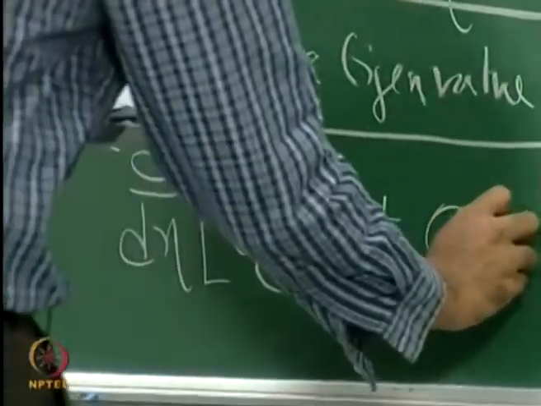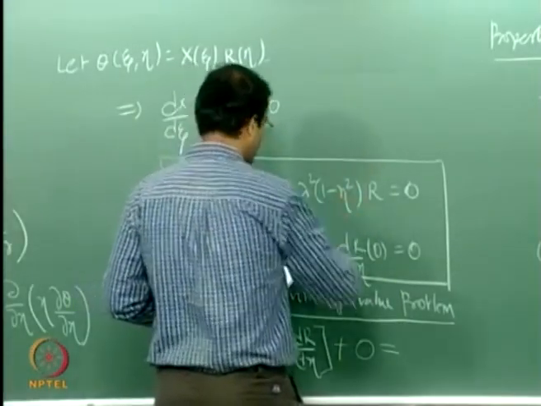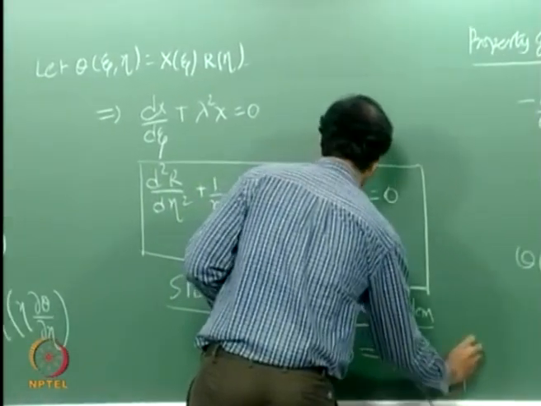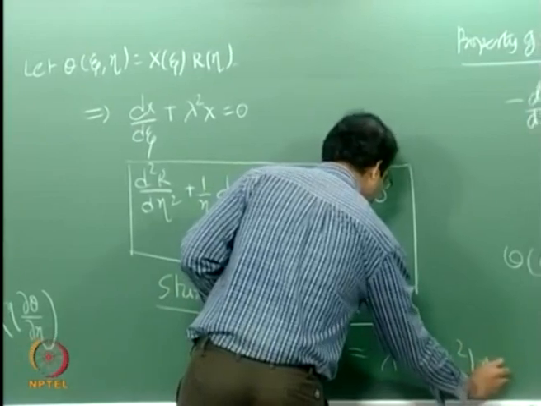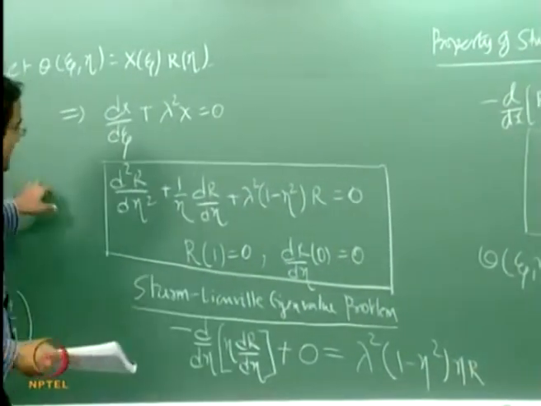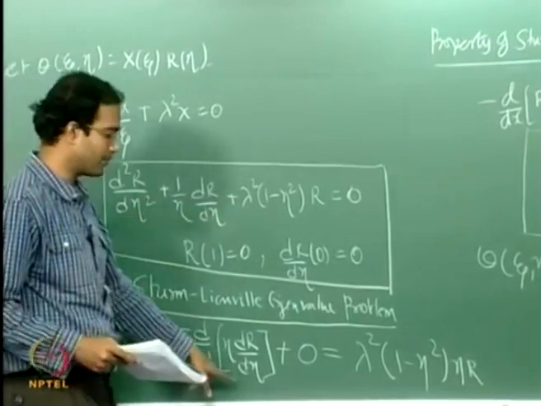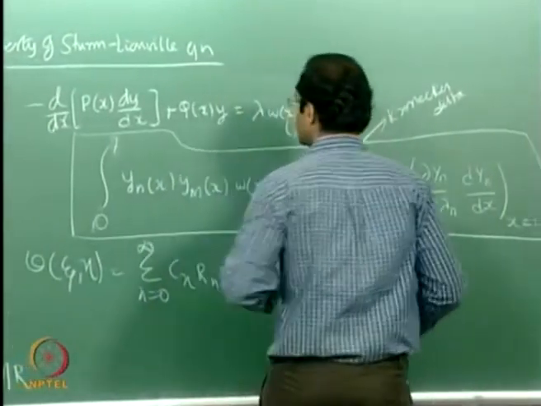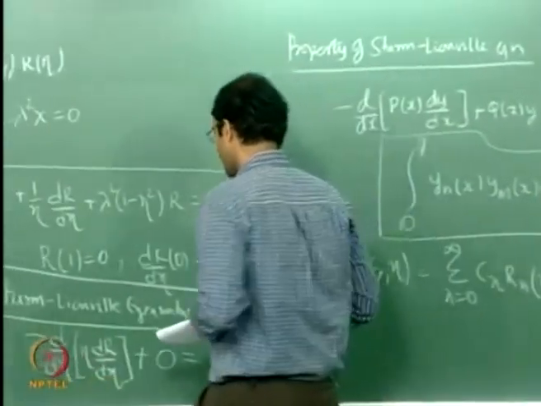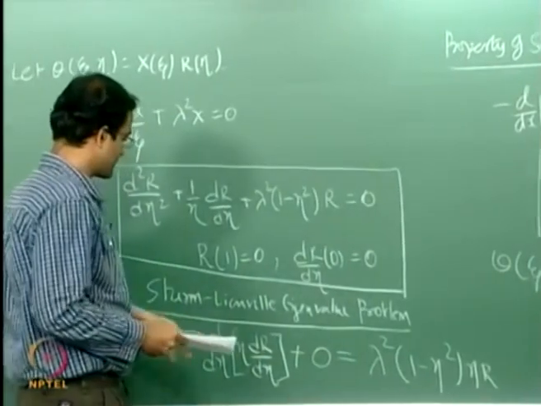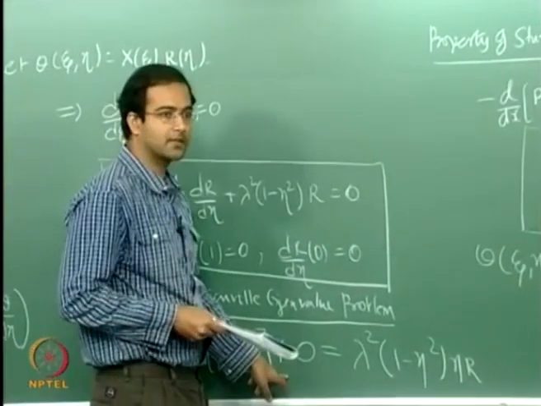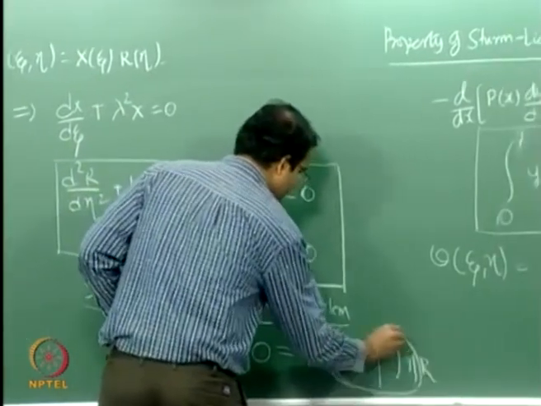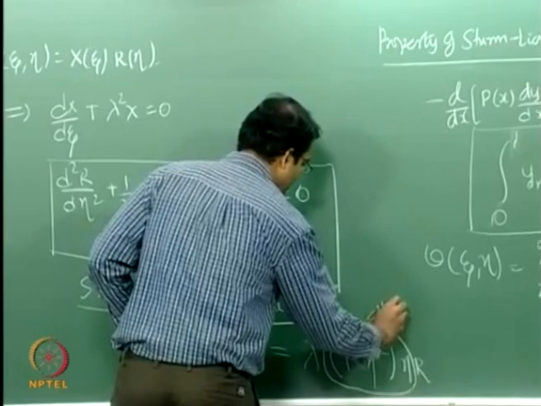This term can go to the right hand side and be expressed as lambda square into 1 minus eta square into eta into r. I am multiplying throughout by eta, and the first two terms I can combine and write in this format. Now the format is the same as the Sturm-Liouville format. You can compare the coefficients. Your p of x is nothing but eta, q of x is 0, and your weighting function is 1 minus eta square into eta. So this is your weighting function as a function of eta.